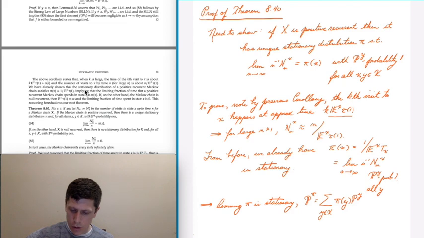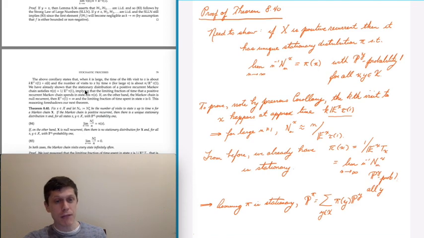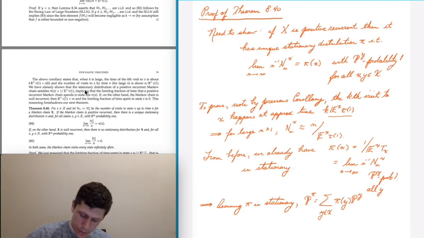Since this limit holds with Py probability 1 for each initial state, and since the stationary measure is just an average over all those initial states, it also holds with P pi probability 1. And the same is true for any initial distribution.